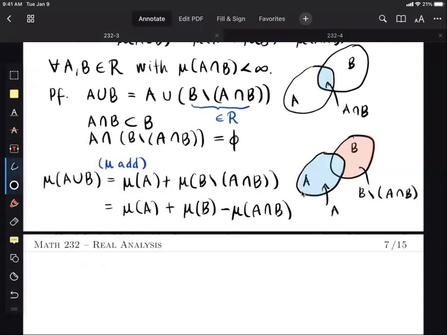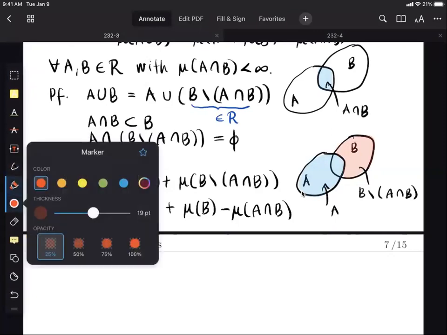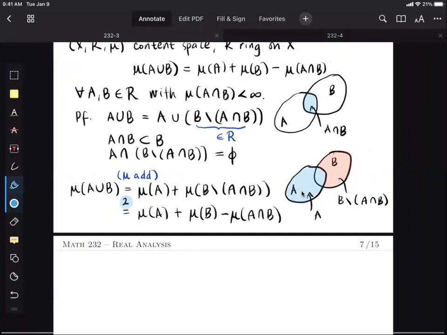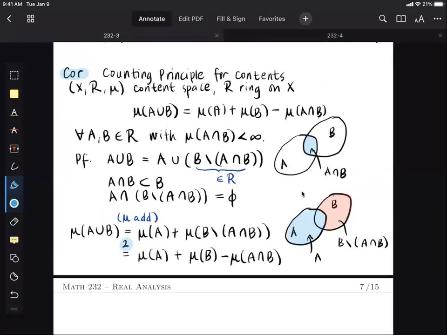So we can apply the second property that we have mentioned or we have proved a while ago. And that's the proof of this corollary. So again, the content of the union can be obtained by taking the sum of the contents minus the content of the intersection. Because as we have said, it has been counted twice, one as a subset of A and the other as a subset of B.